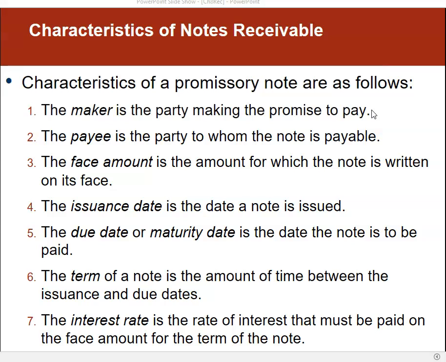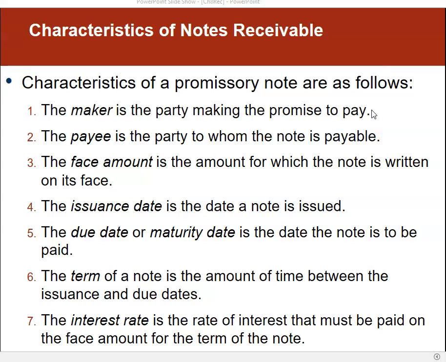So if I borrow money on January the 8th, that is the issuance date. Let's make it a little bit more creative than one year. Let's say that I have 6 months to pay that back. So let's see, February, March, April, May, June, July. Date of maturity or due date would be July the 8th.